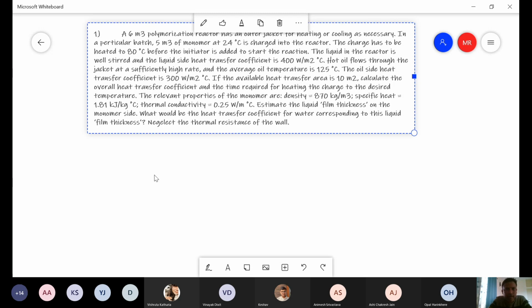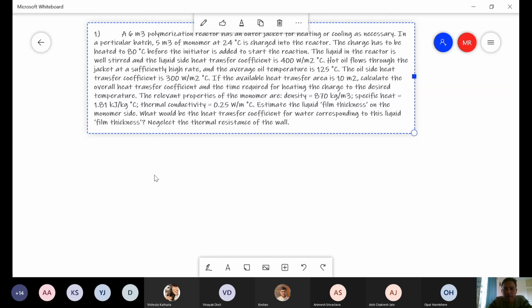The liquid in the reactor is well stirred, and the liquid side heat transfer coefficient is 400 watt per meter square degree Celsius. Hot oil flows through the jacket at a sufficiently high rate, and the average oil temperature is 125 degrees Celsius. The oil side heat transfer coefficient is 300 watt per meter square degree Celsius. If the available heat transfer area is 10 meter square, calculate the overall heat transfer coefficient and the time required for heating the charge to the desired temperature.